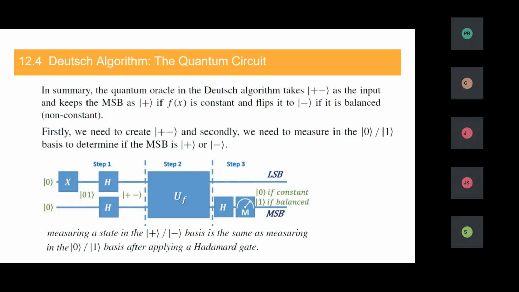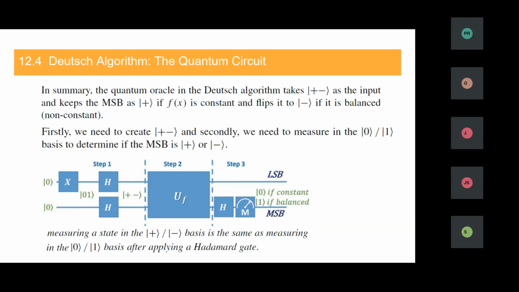Now what do you mean by a constant function? Irrespective of whatever the input might be, if the output is always the same, unchanged, either a ket 0 or a ket 1, then we say the function is a constant function.